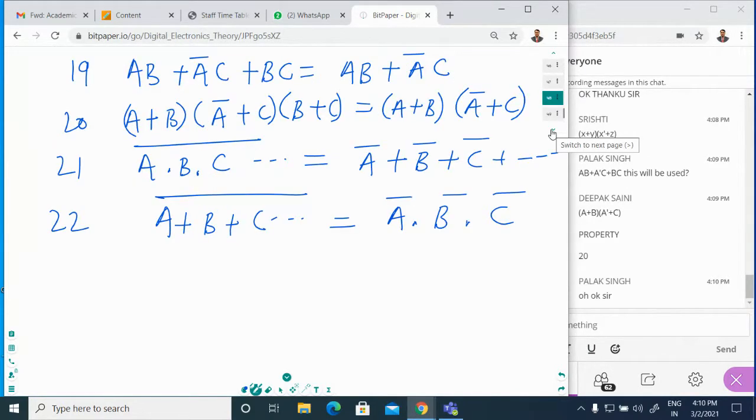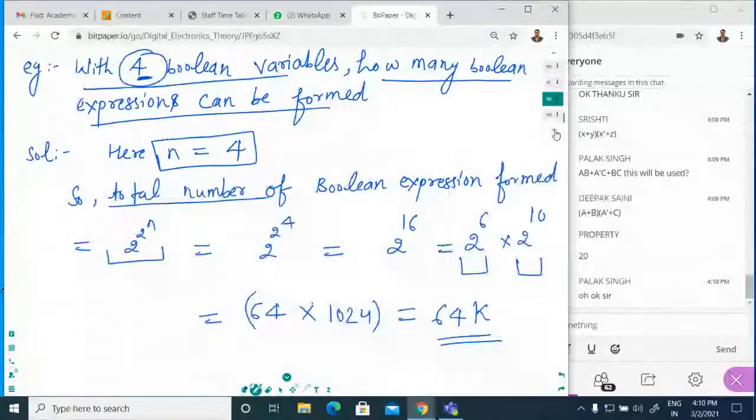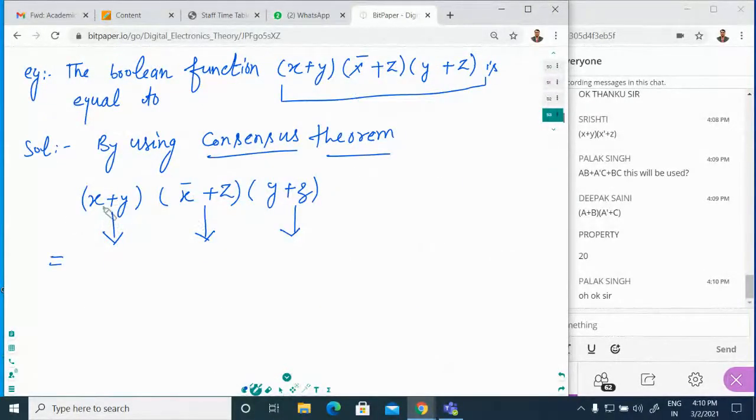So here A plus B, then A bar plus C, then B plus C, you can represent it by A plus B, A bar plus C. This same property we have used right here. This is the output for this expression.